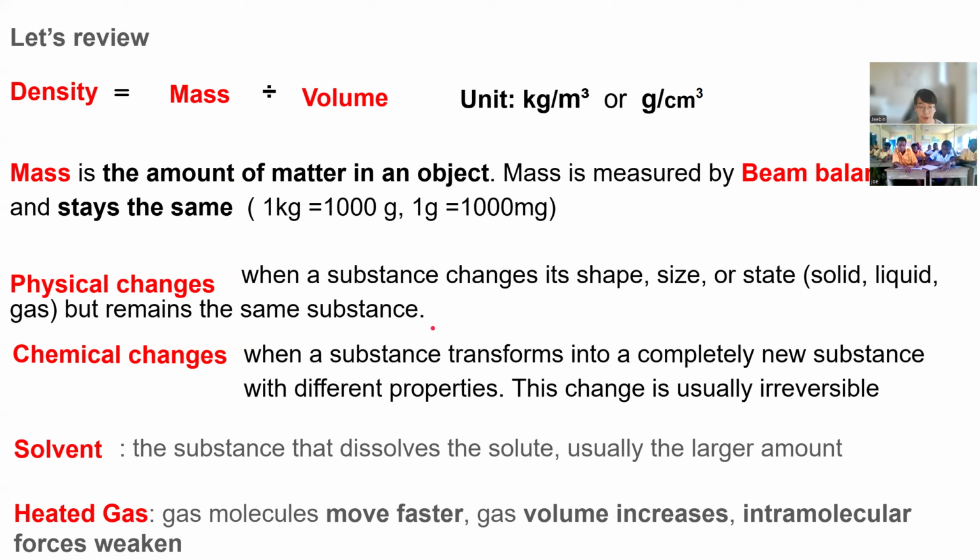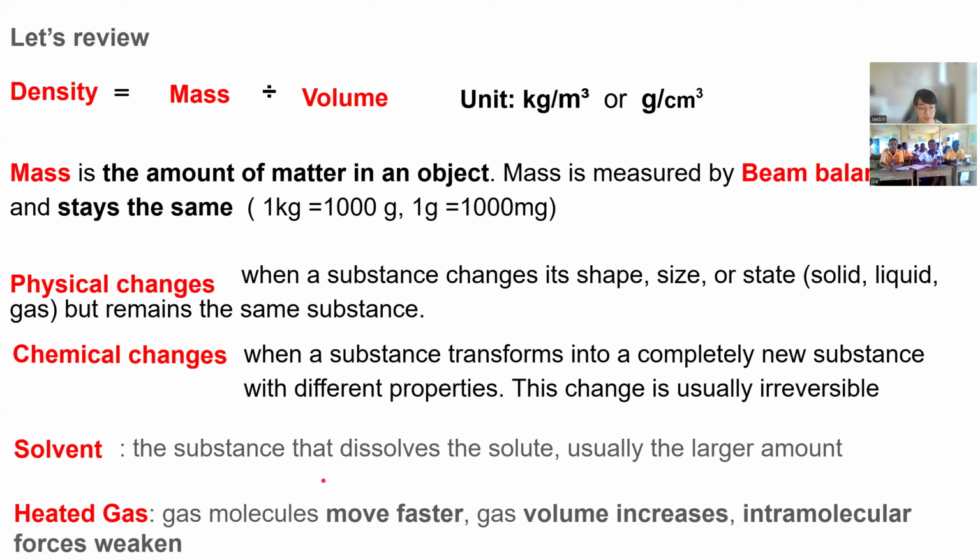For example, cutting a piece of paper, throwing a stone, or sawing wood all involve simple changes in shape, size, or state, and it's easily reversible. Chemical changes are when a substance transforms into a completely new substance with different properties, and this change cannot usually be reversed.